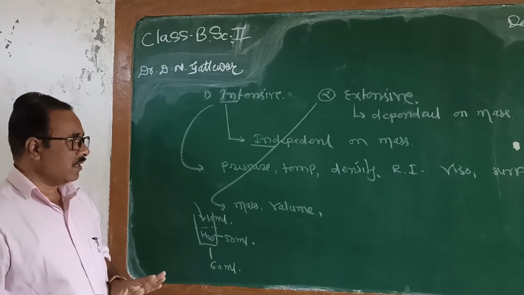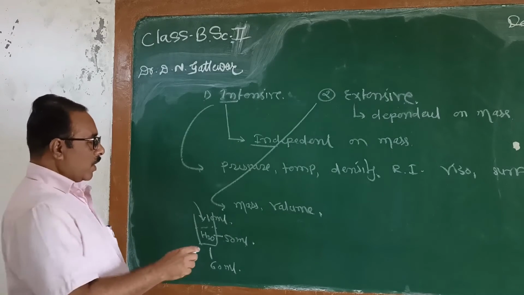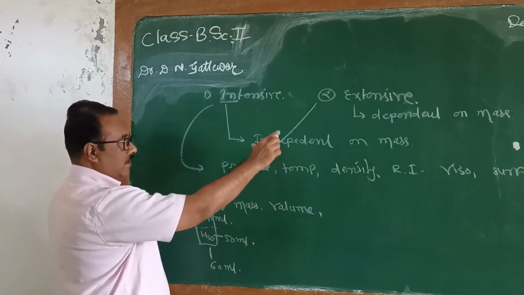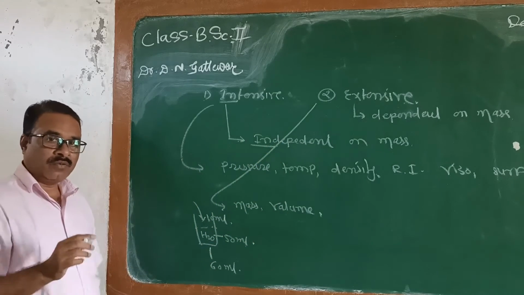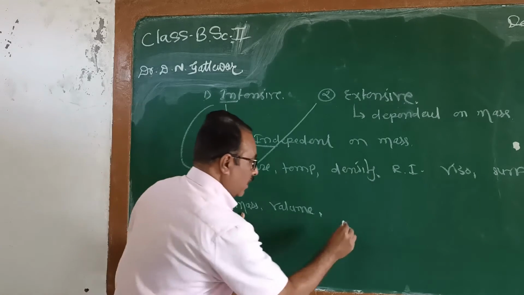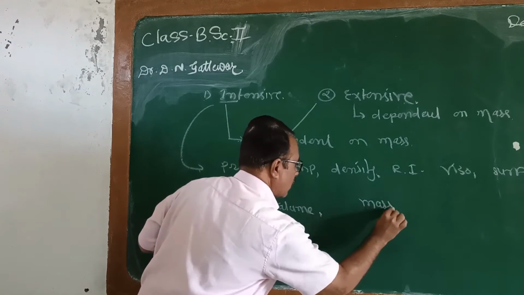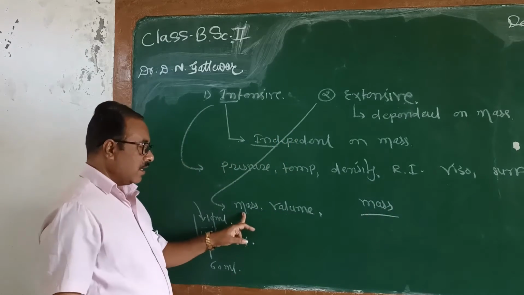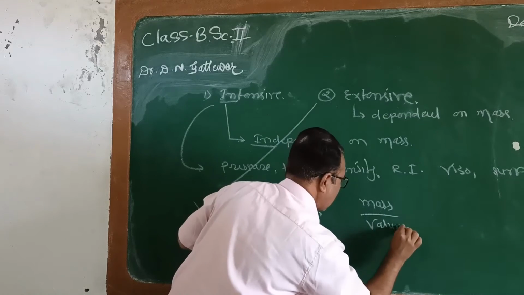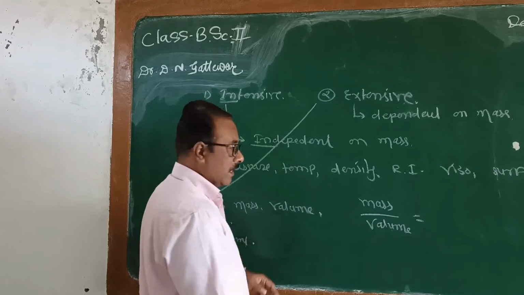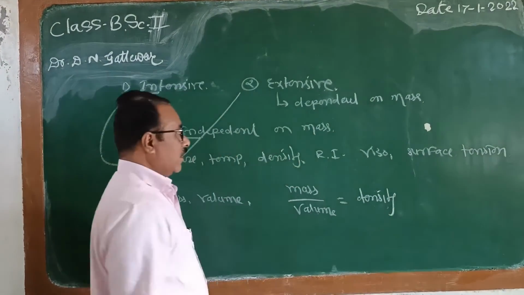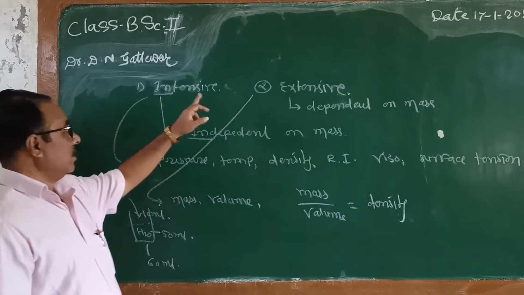Now there is one logic here. Mass and volume are both extensive properties. But if you divide one extensive property, that is mass, by the second extensive property, that is volume, then it becomes density, and density is an intensive property.